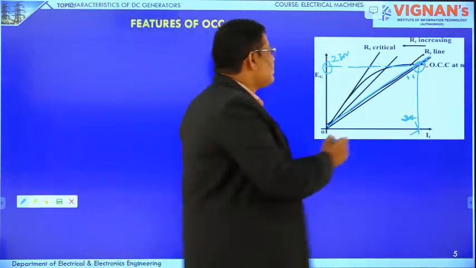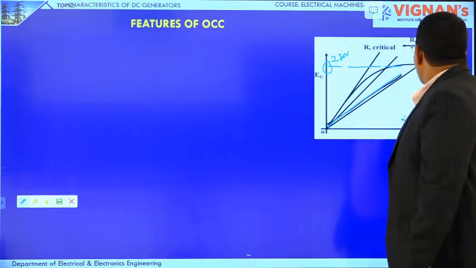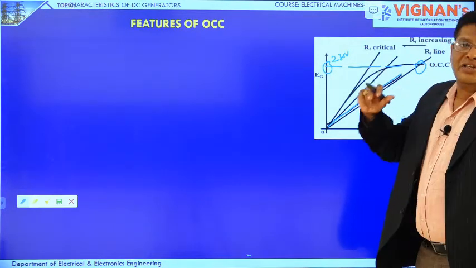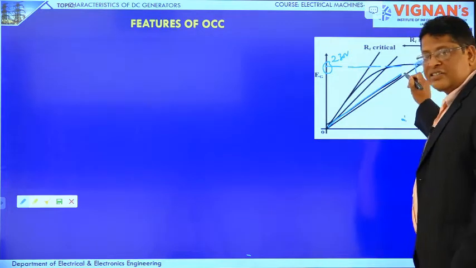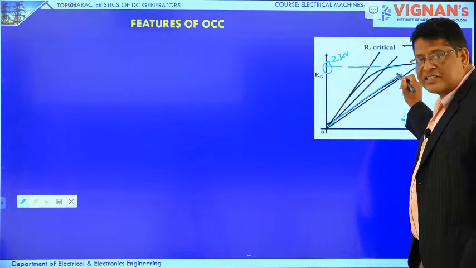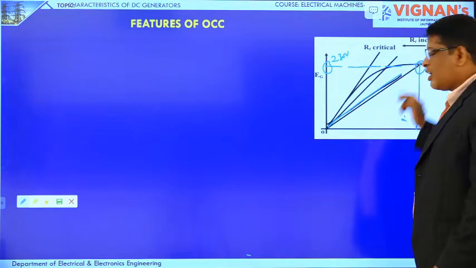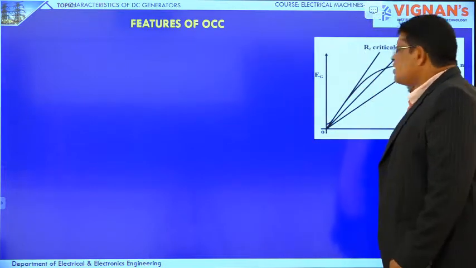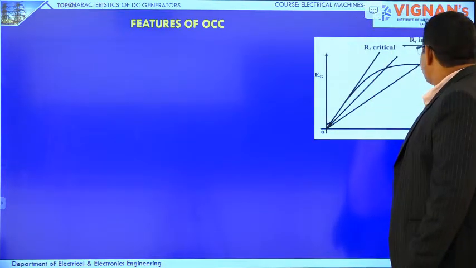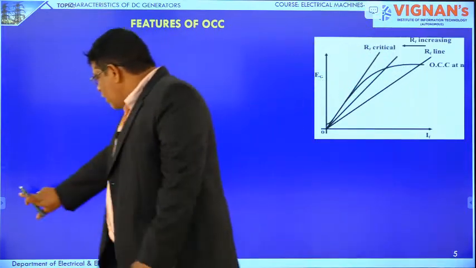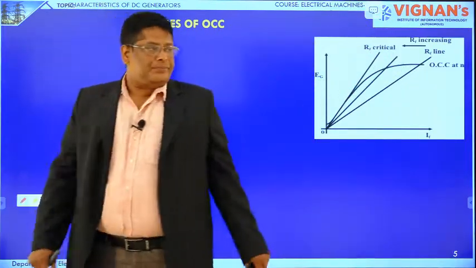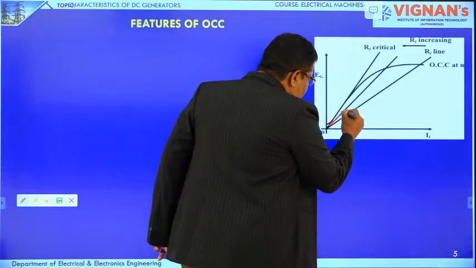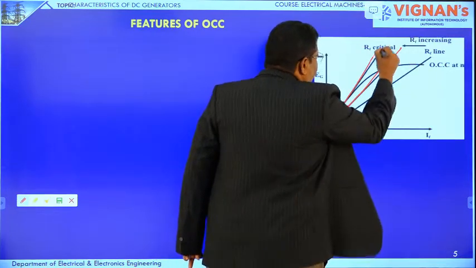From this intersecting point, you can easily say how much voltage is induced in a generator with this value of field resistance and the corresponding field current. As the field resistance increases, if you observe the graph closely, the field resistance line goes in this manner, passing through the origin.